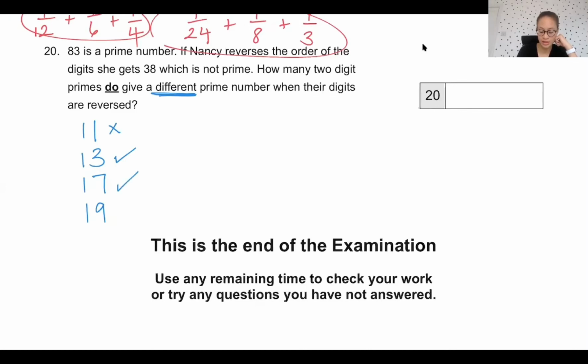Now 19, 91. So it's not in our times tables, so that helps. However, let's check whether it is a multiple of 3. Can anyone tell me how we check whether a number is a multiple of 3? Who remembers? Add up the digits and see if they're a multiple of 3. Yes.